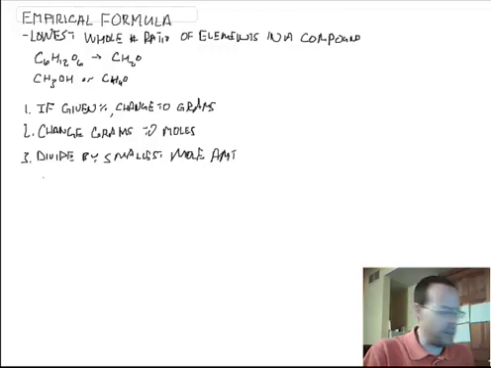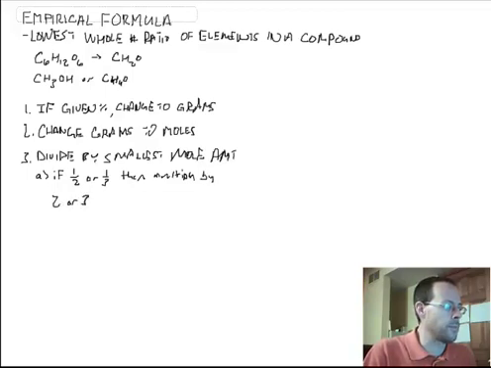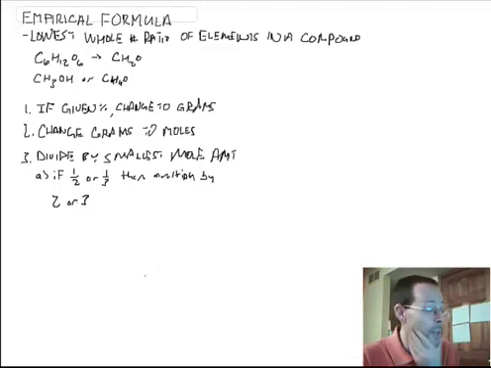Alright, and then under this, I just say 3a, if half or third, then multiply by 2 or 3. Okay? And that's pretty much it.